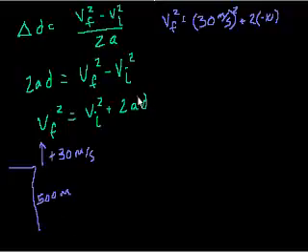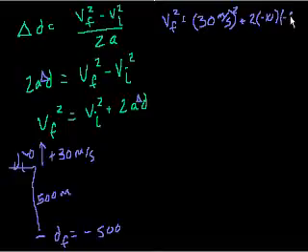Actually, I should be careful about using change in distance because it matters for this problem. In this case, the final distance is equal to minus 500, right? And the initial distance is equal to 0. So the change in distance is minus 500, right?